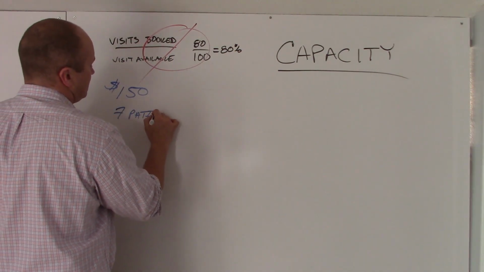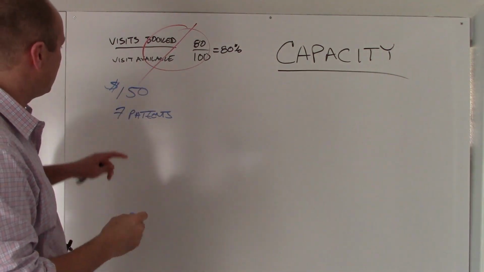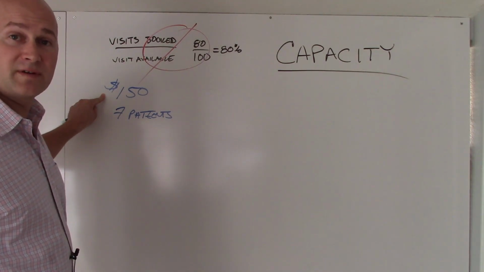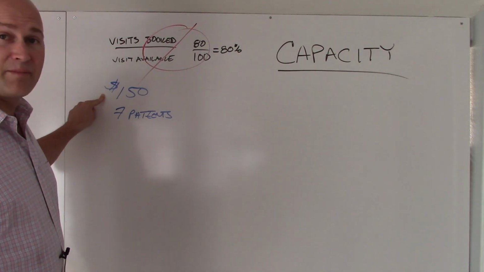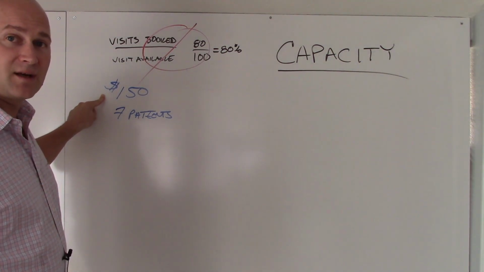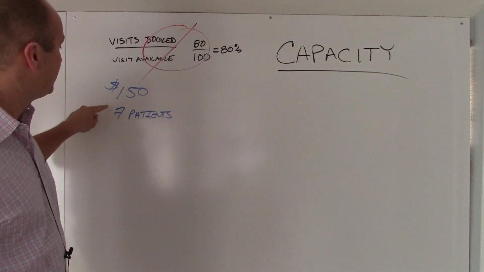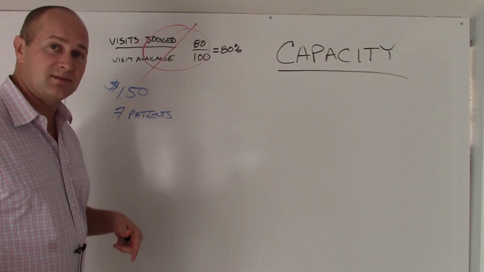Now your numbers could be different. This is what my fee schedule provides me. The way that I have my packages and my eval set up, we'll average $150 a session, or a little bit more. A full patient schedule in my clinic is 7 patients a day.